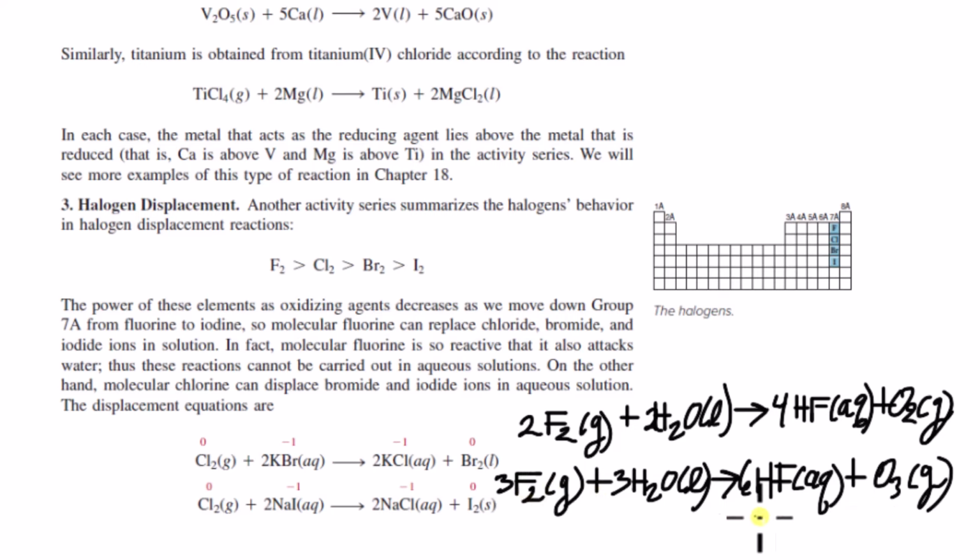Okay, and so when there's excess fluorine, then you can think about this reaction also taking place, if there's an excess amount of elemental fluorine gas mixed in with just water.